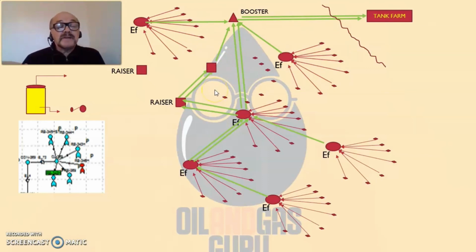But since we had everything simulated and we had these risers very close to the wells, we decided to do something else. We decided that it was much better and cheaper and better for the wells because the back pressure would be reduced.